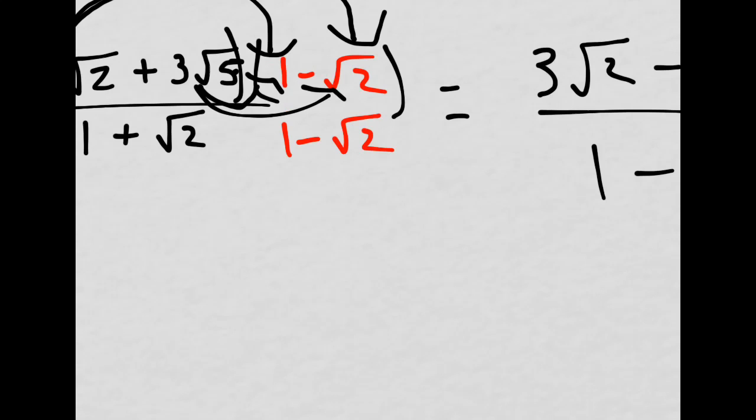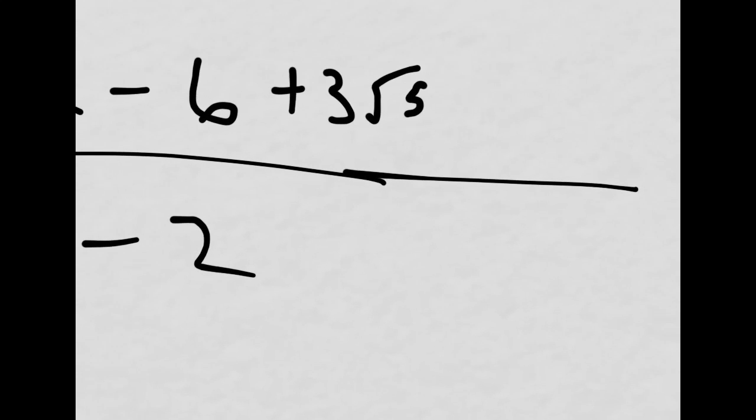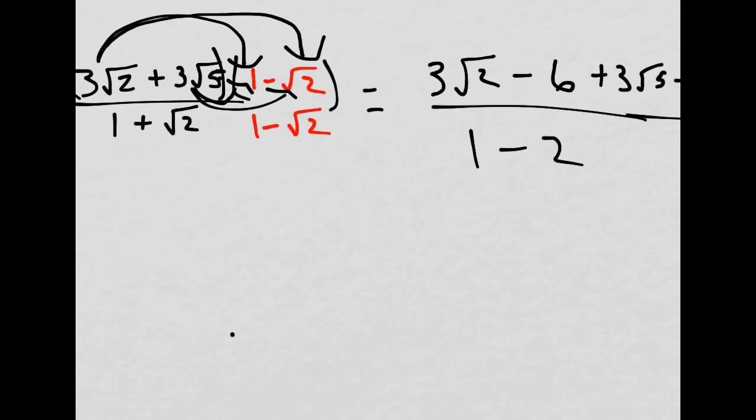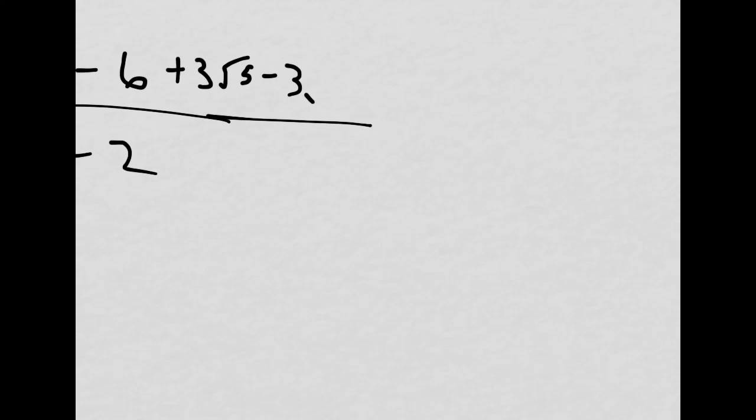When I'm pulling these square roots out, I'm always going to multiply what's inside the square roots. So multiply the two numbers. Are these square roots going to disappear? Because they're not exactly the same, right? So multiply whatever's in front of them together. 3 times 1 is 3, and it's going to be negative because the signs are different. Then, square root of 5 times the square root of 2 is going to be the square root of 10.